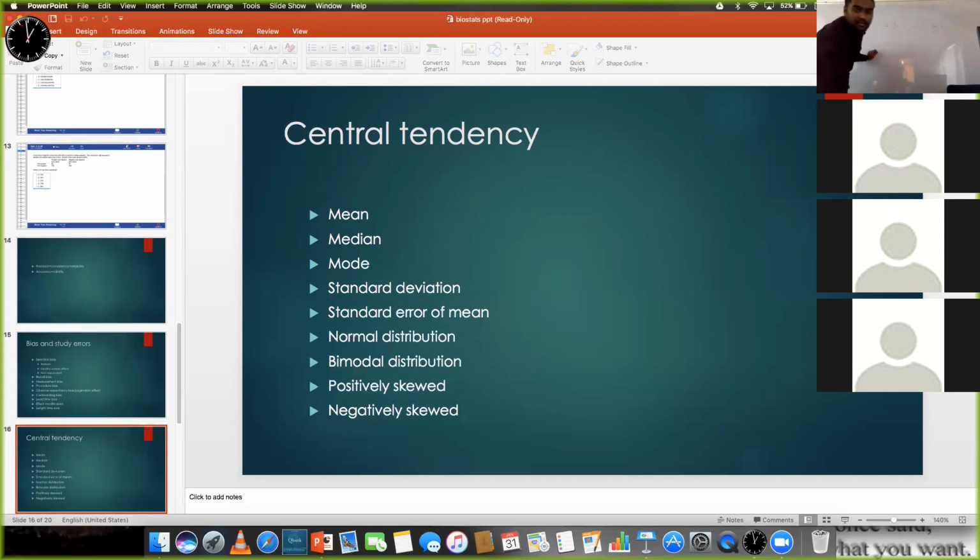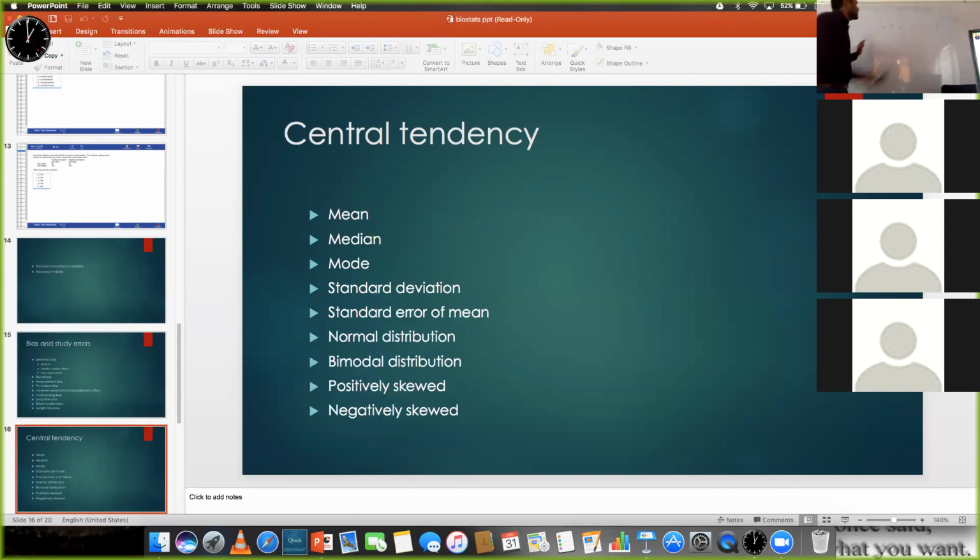What you do for the median is you arrange them either in ascending or descending order, and then you pick the middlemost one. If it's an odd number, it's easy to pick. If it's an even number, you take the middle two numbers and find the average. That is median. You all must be knowing.